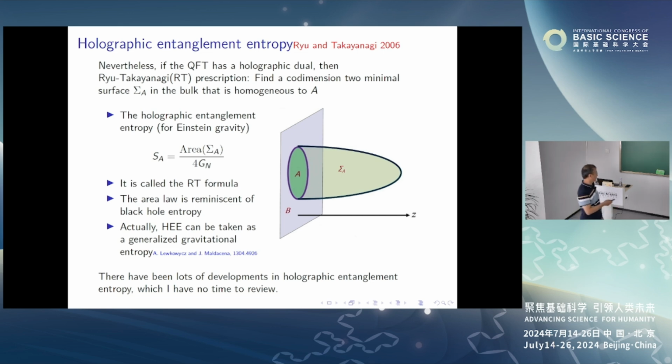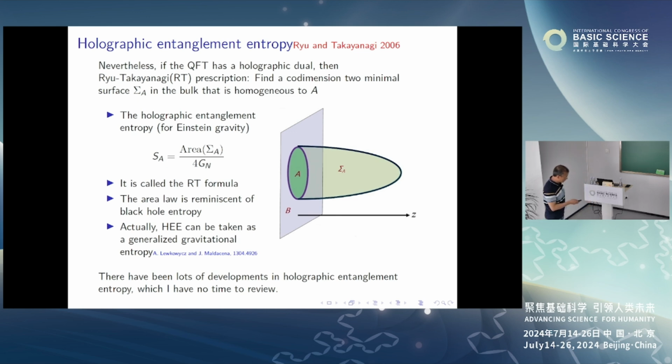Even though there's no U(1) translation symmetry, for Einstein gravity one can show that it's exactly a kind of generalized gravitational entropy. So this formula is called the RT formula. It has played a very important role in the very recent developments in holography. So I have no time to review the various developments in this area.